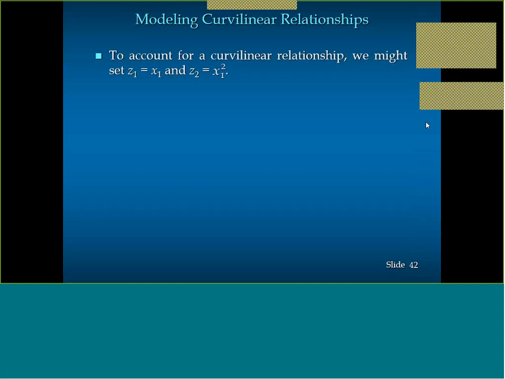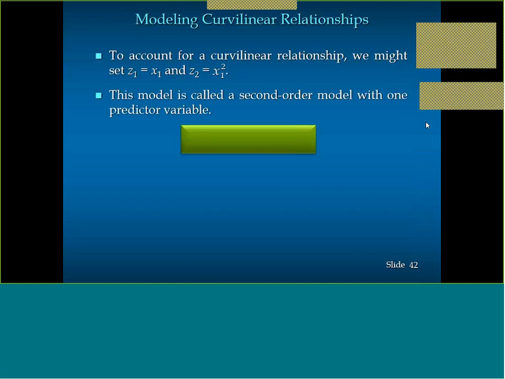Second order model means we have a power 2 for the independent variable. So we take z1 is x1 and z2 is x1 square. Then that is known as a second order model with independent variable only x1, but still we are able to construct a second order model with dependent variable y.